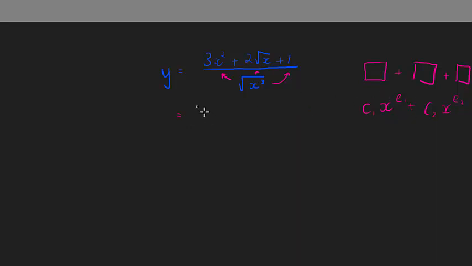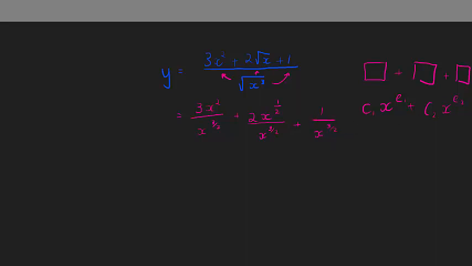So we've got 3x squared divided by, and now what just makes sense is to write this radical with fractional exponents. So square root means divide by 2. So this is x to the 3 over 2, and then plus 2, and then square root x is x to the power of a half, divided by x to the power of 3 over 2, plus 1 over x to the power of 3 over 2.